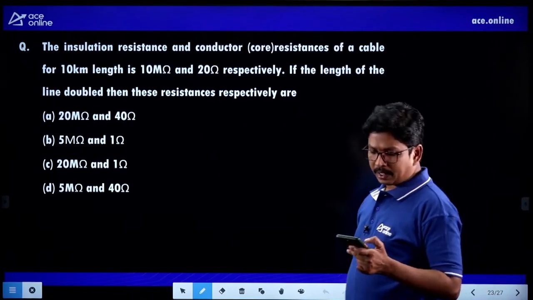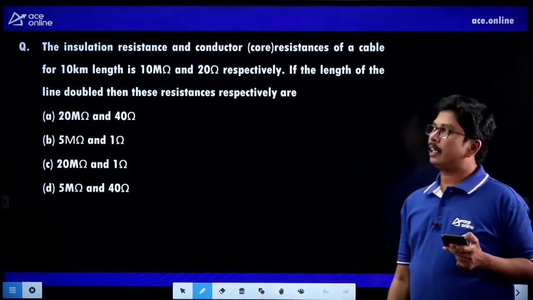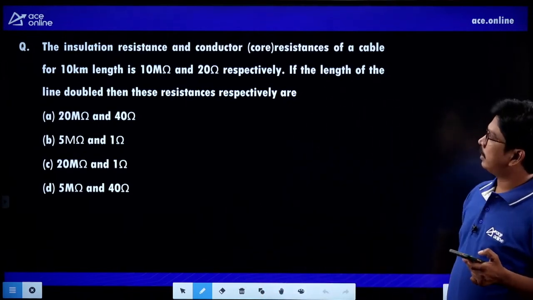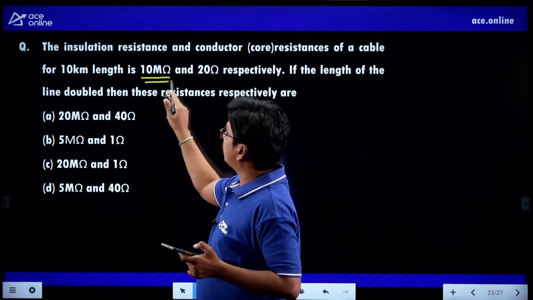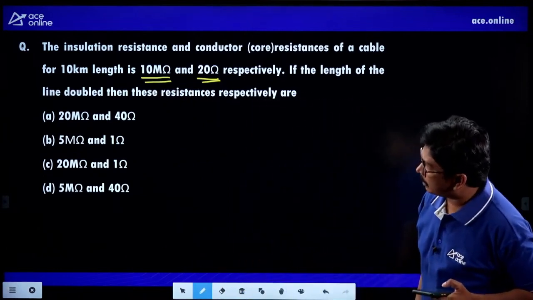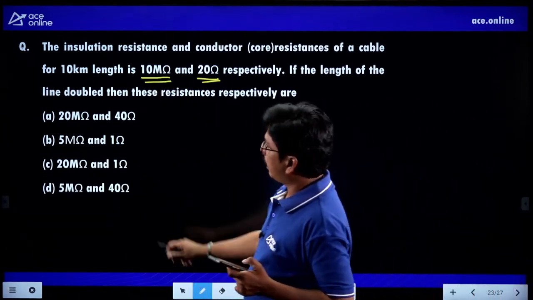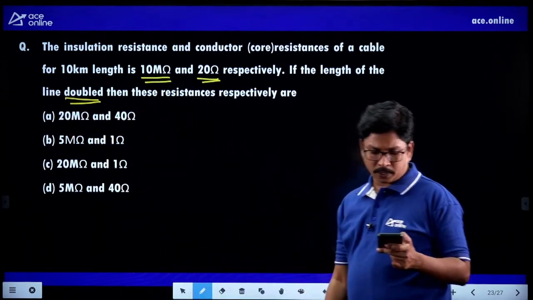It is with respect to cables. The insulation resistance and the conductor core resistance of a cable of 10 km length are 10 mega ohms and 20 ohms respectively. If the length of the cable is doubled, then these resistances respectively are?